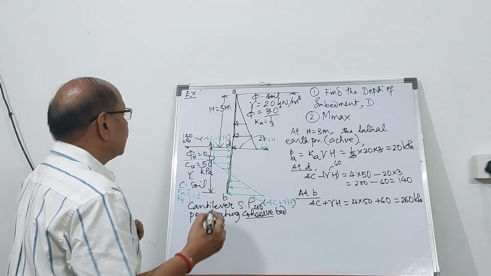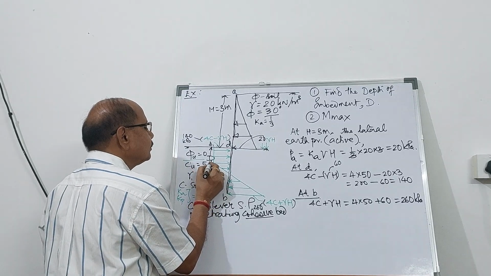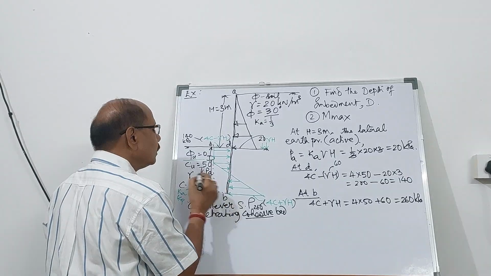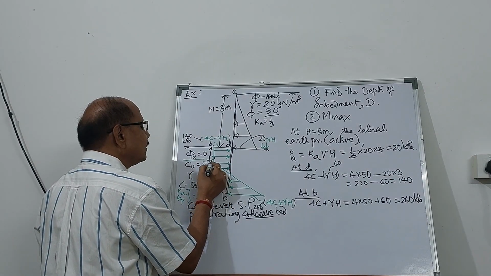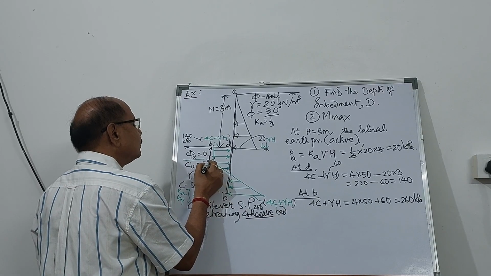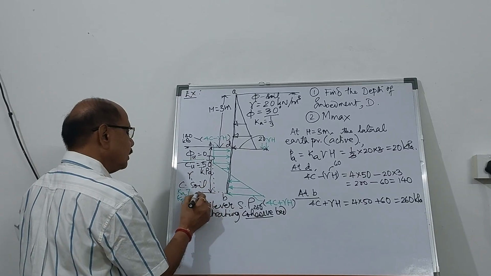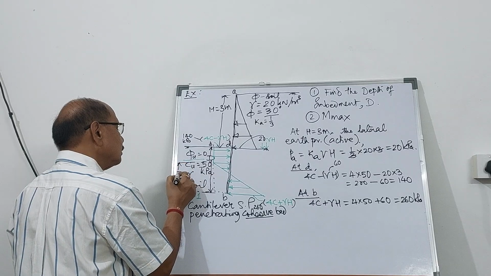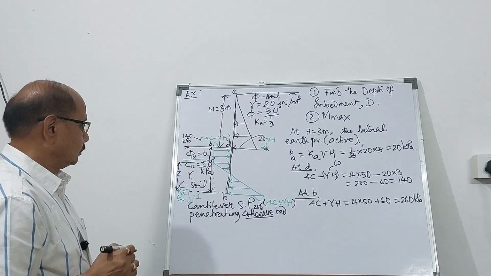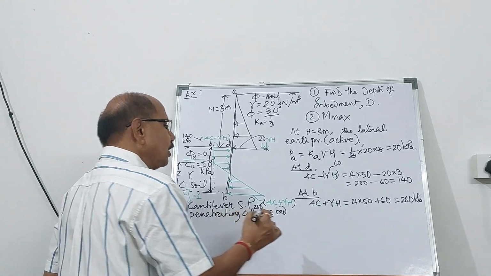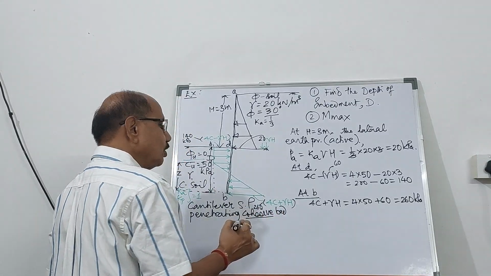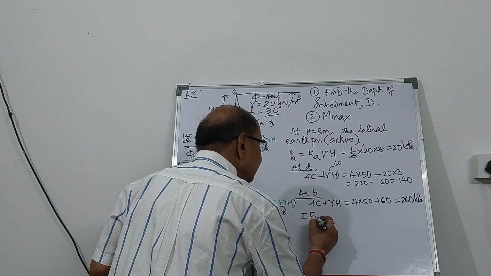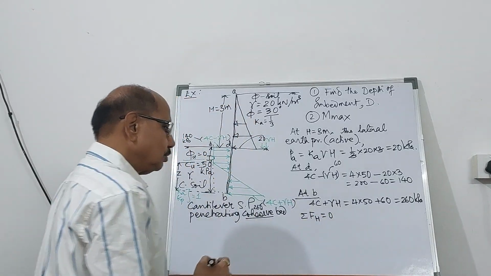Now, say this distance up to here is going to be Z. So if I take this distance as, let's say, from the bottommost point, this distance is Z. Then you know that from the condition of equilibrium, the algebraic sum of all the horizontal forces must be equal to 0.